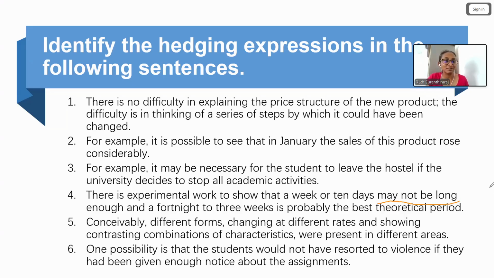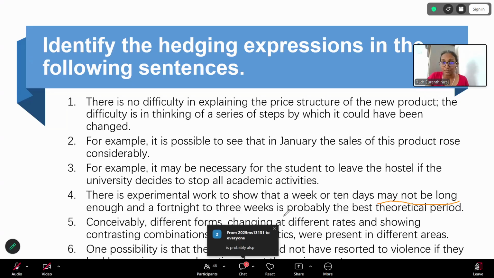Excuse my drawing skills on the screen, it's a bit difficult to show properly. And a fortnight to 3 weeks is probably the best theoretical period. So probably the best, right?